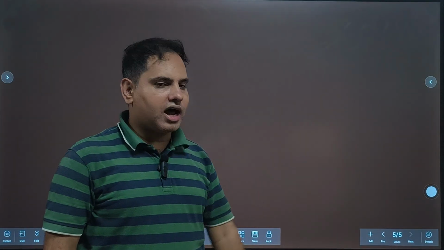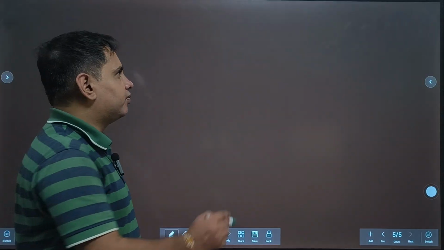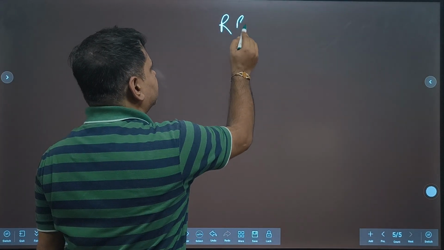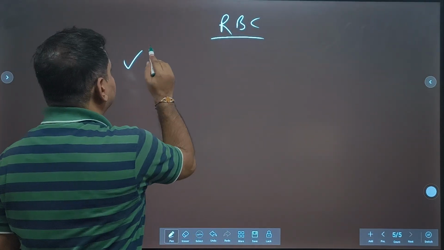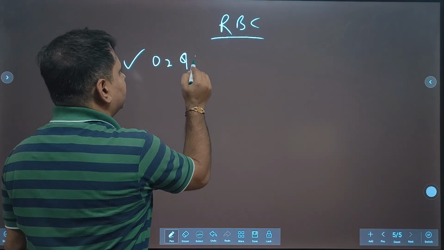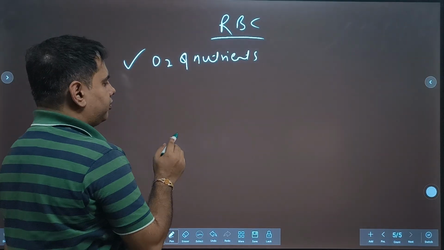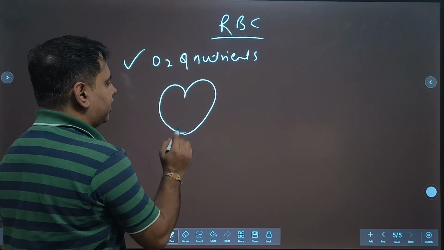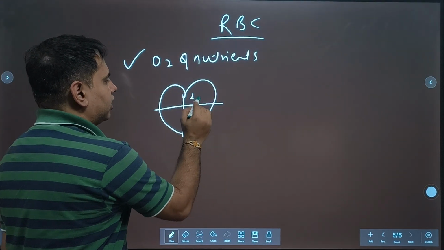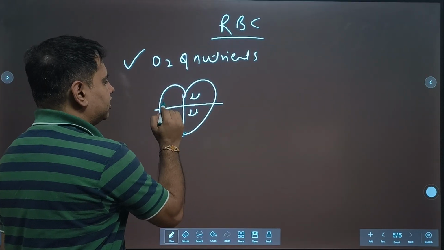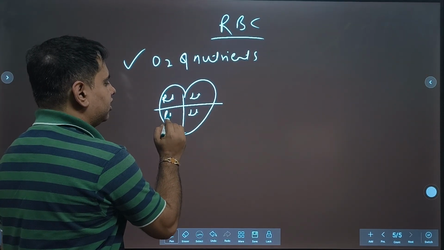So if you talk about the role and functions of the RBCs, RBCs provide oxygen and nutrients to the cells, right? So how does it provide? There is the cardiac cycle, many times we have discussed. This is your left atrium, this is your left ventricle, this is your right atrium, right ventricle, right?